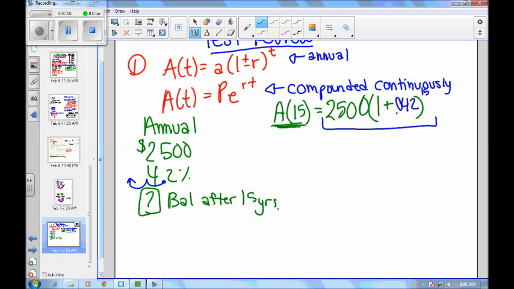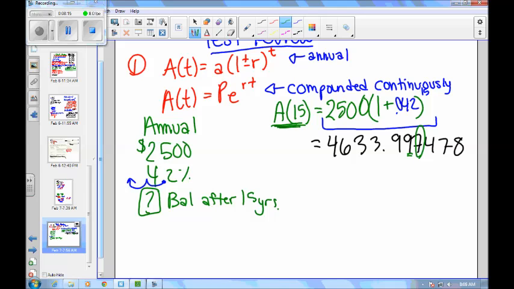This is what you come up with, and let's round it to the nearest penny. The penny is right here, so the 7 tells us how to round it. 5 or more, up the score; 4 or less, let it rest.